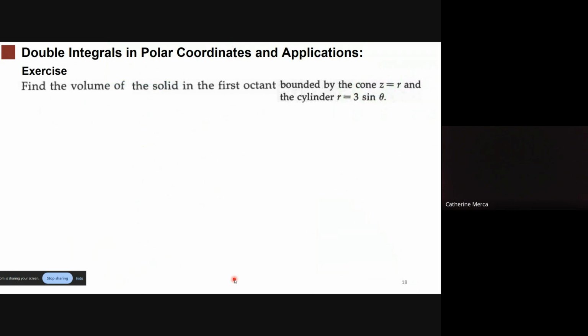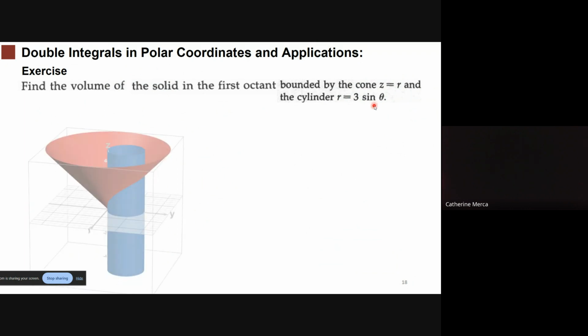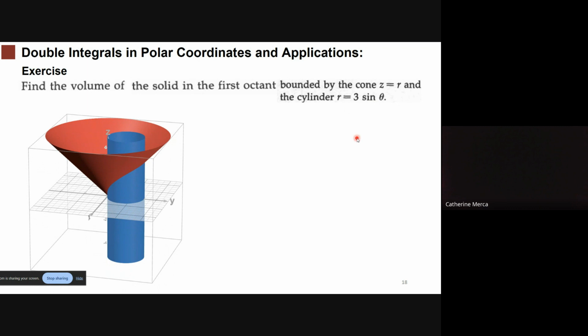This is an exercise. You're asked to find the volume of the solid in the first octant bounded by the cone z is equal to r and the cylinder r is equal to 3 sine theta. This is how it looks like.